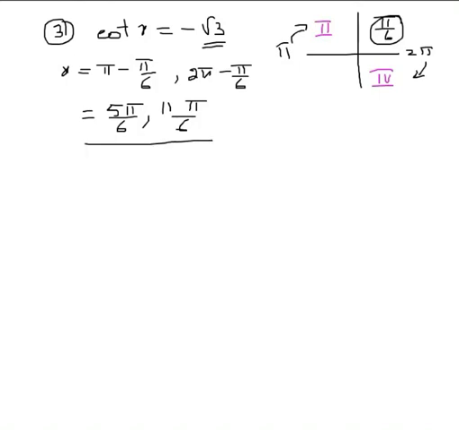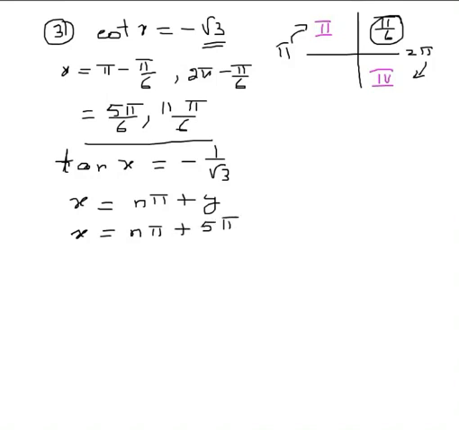These are the principal solutions. Now let us write the general solution. The general solution formula we have is for tan. Let us write this in terms of tan. Tan is minus 1 by root 3. Therefore, the general solution for tan x is equal to tan y is n pi plus y, where y is the smaller principal solution and n belongs to z.